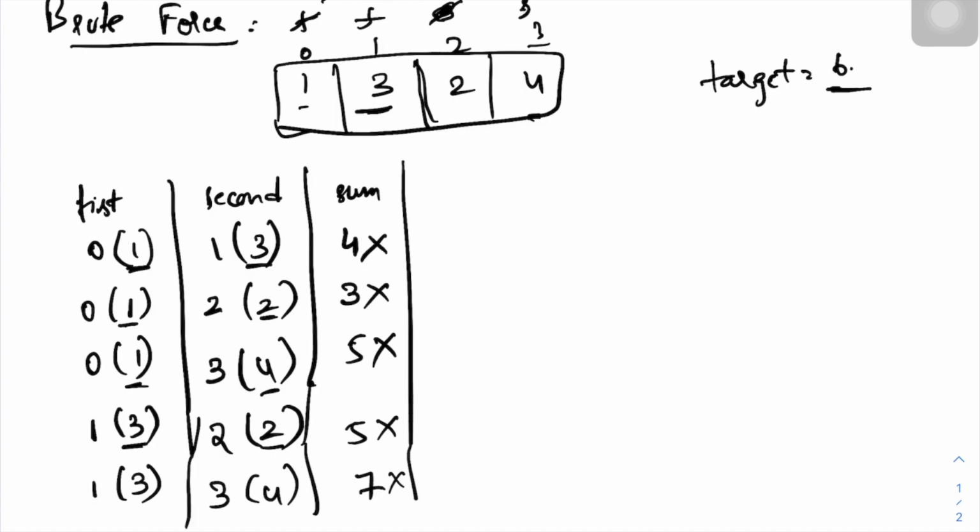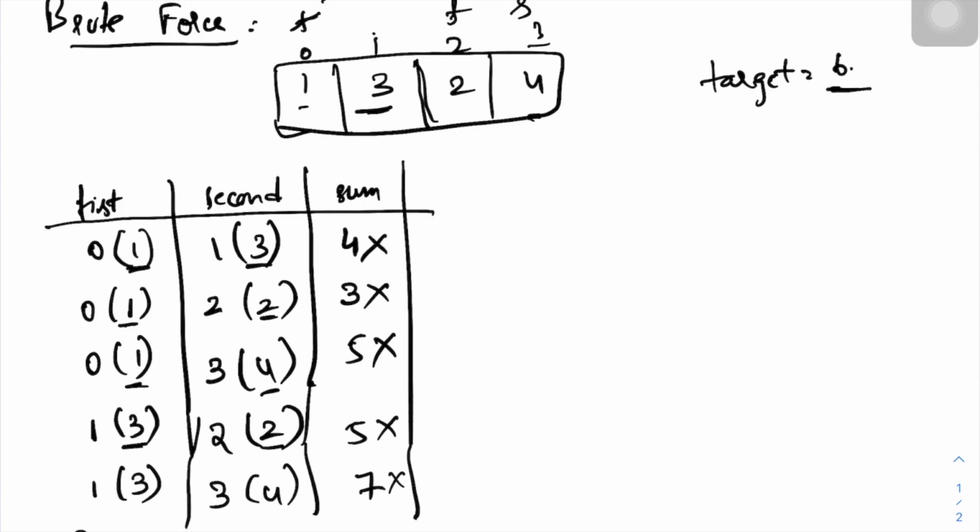So this combination is also discarded. Now the second pointer has reached the end of the array and can't move further. So we move the first pointer from the first position to the second position, and we put the second pointer just after the first pointer, so it is at the third position.